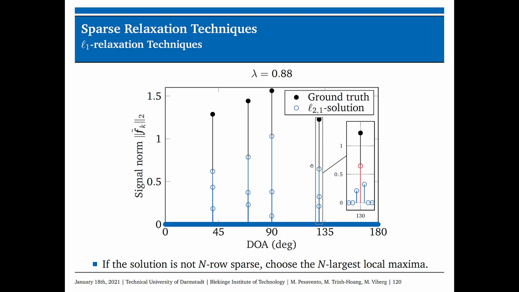However, in this case, instead of directly using the support, we consider the n largest maxima in the row norm representation that we see here. So we consider this as a spectrum and we search for the largest peaks of the spectrum to obtain the direction of arrival estimates.